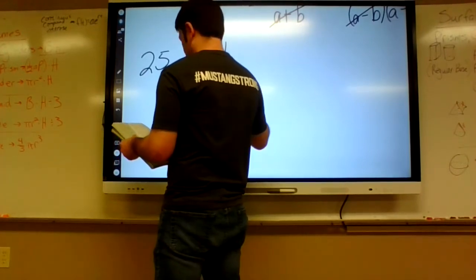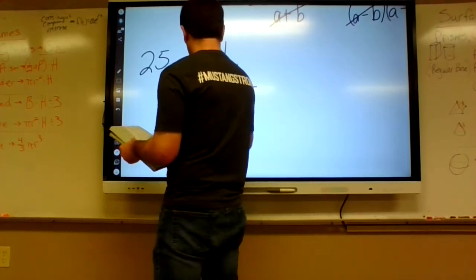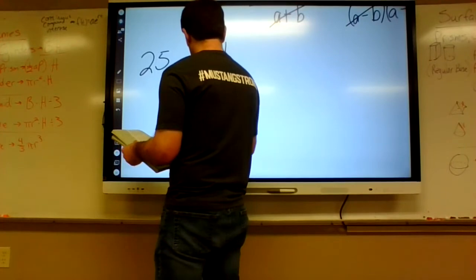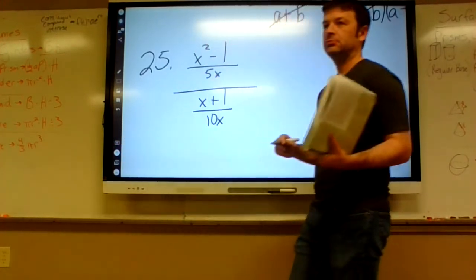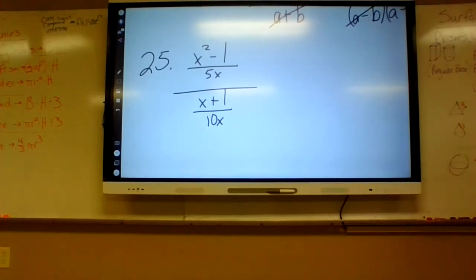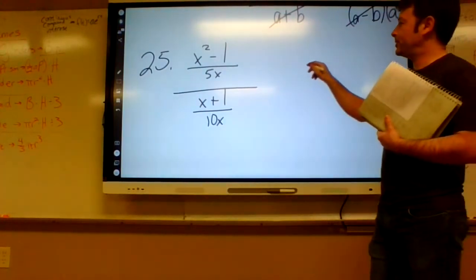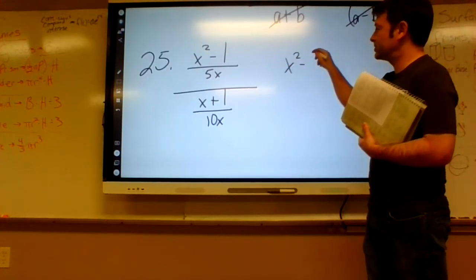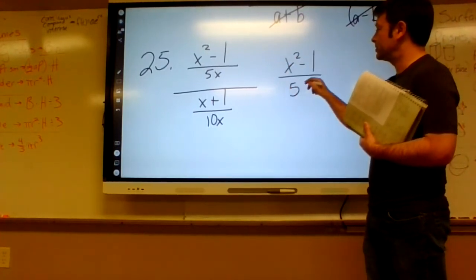Man, that looks confusing, don't it? Can anybody tell what's going on here? Okay, it looks more complicated than it is. That's why I wanted to make sure we looked at it.